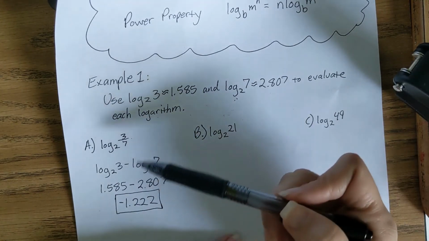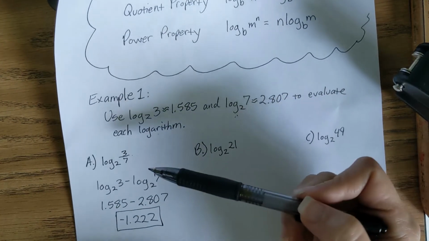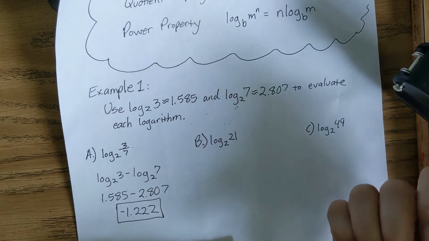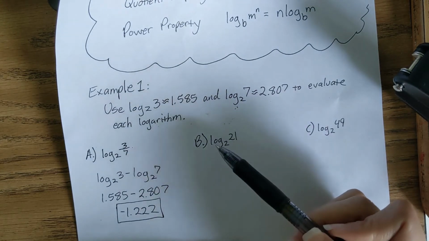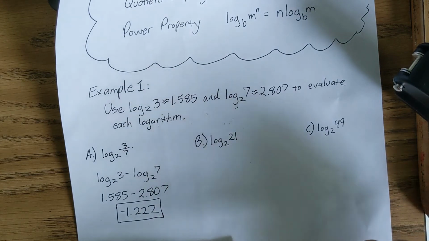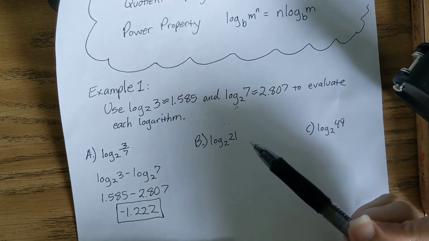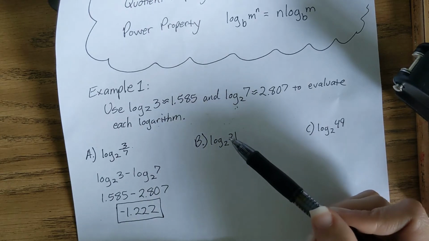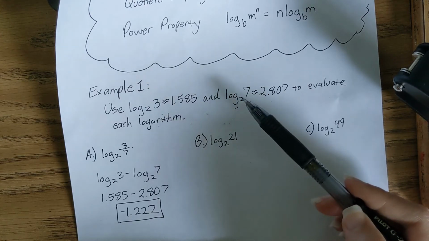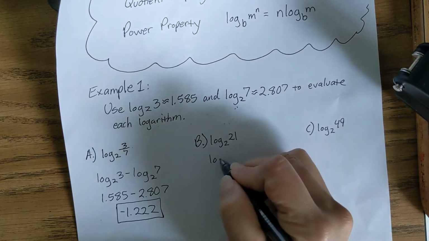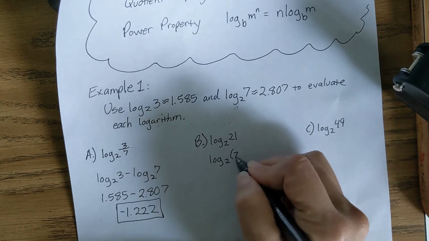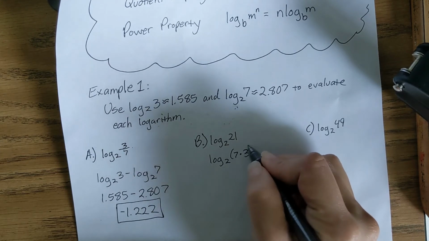Okay, so you can see how we're using this property of logs to help us figure out what the answer is to these problems. Okay, so here we've got log_2 21. So I don't have two numbers here, right? But I do know that 21 is a product of 3 and 7, meaning I can rewrite this as log_2 of 7 times 3, right?